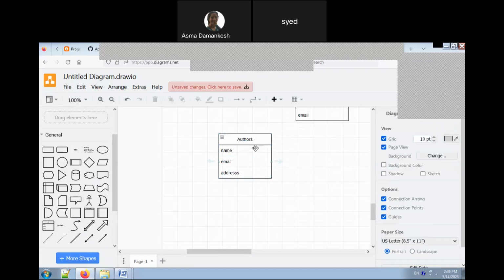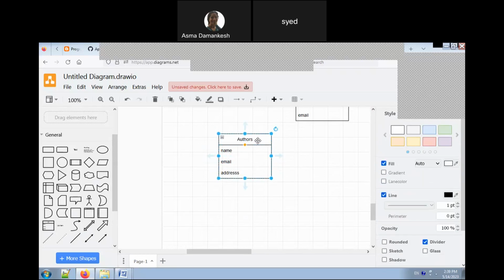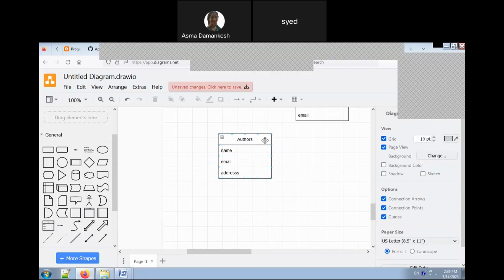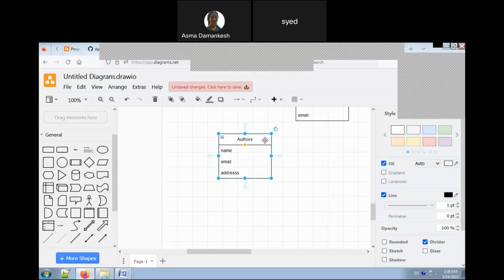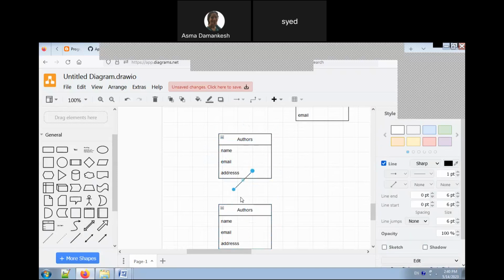Then I say some authors are editors for some other authors. Let's say supervise, that's better. Some authors are supervising other authors. So basically the relation is between the author and the author itself, yeah? And that relation is called supervise, okay?